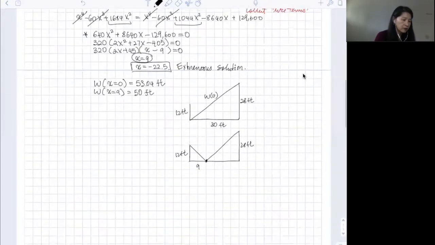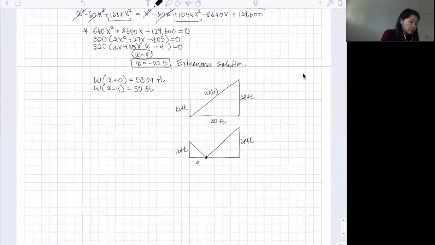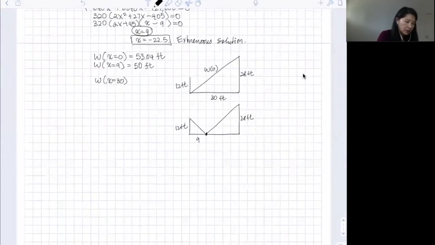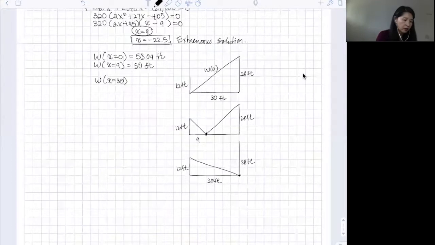All right. So our last possibility is the other endpoint, which is when x is equal to 30. That means that the stake is at the foot of the 28-foot post. So this becomes the length of the wire, the hypotenuse of the triangle formed by the 12-foot pole, the 30 feet distance between the two posts, and our hypotenuse.